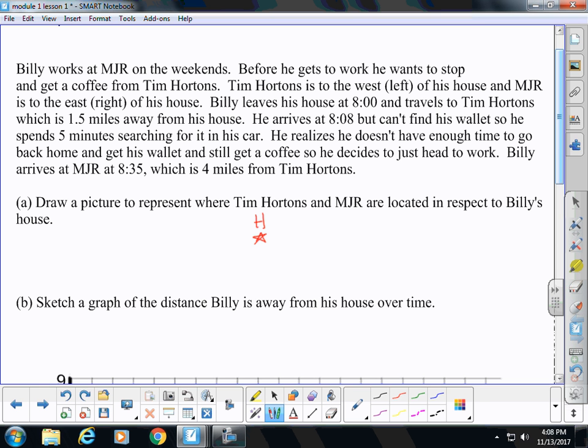And then we've got Tim Hortons over here, and MJR over here. So they're on different sides. Technically it wouldn't matter which side you started, but they did tell us left and right, so I put them that way.